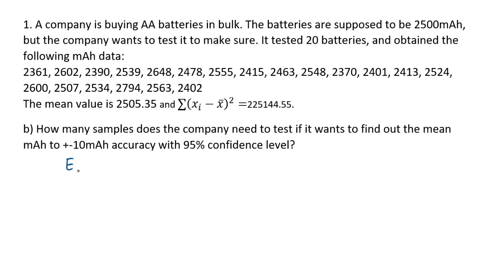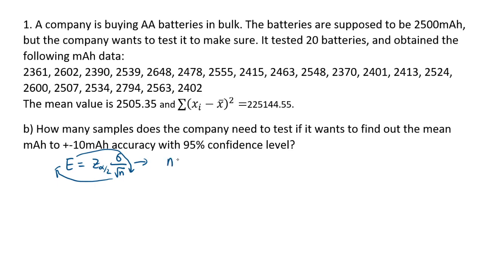So E is equal to z alpha over 2 sigma over square root of n, where sigma can be replaced by the Bessel corrected sample standard deviation, because if you don't have access to the sigma. In a lot of cases that happens, okay? So we solve this for n by multiplying by square root of n and dividing by E and squaring it.